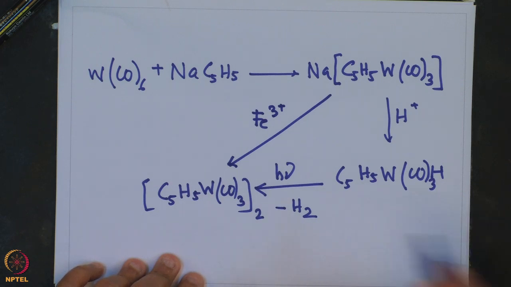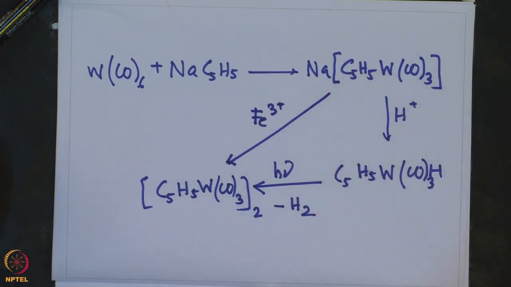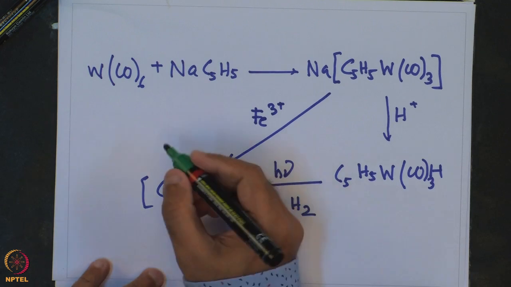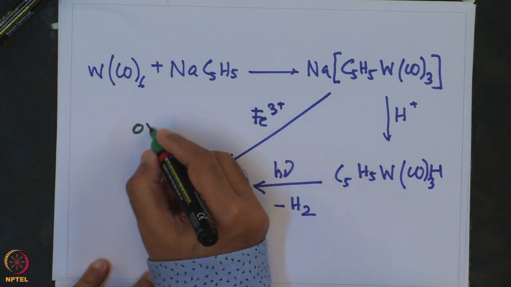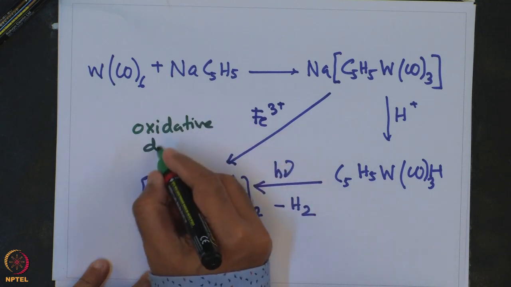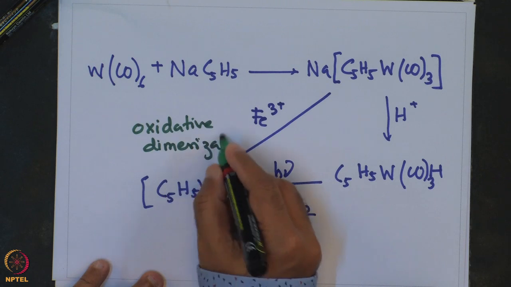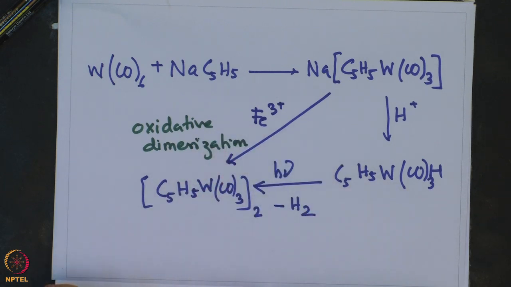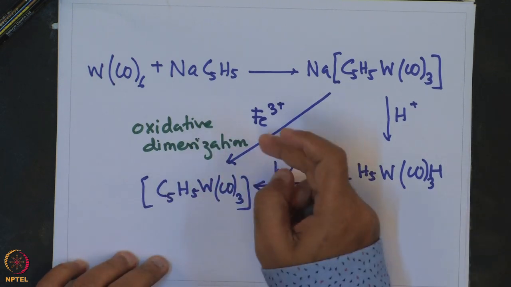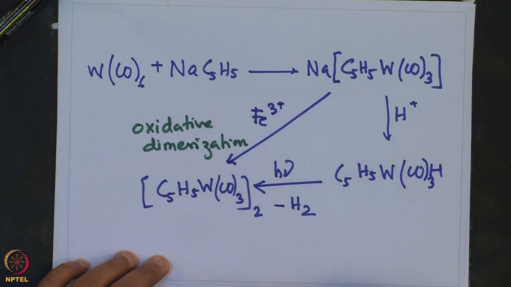So, this method of getting this dimer from this tungsten metalate is called oxidative dimerization, and is triggered by the presence of iron 3, which acts as an oxidizing agent.